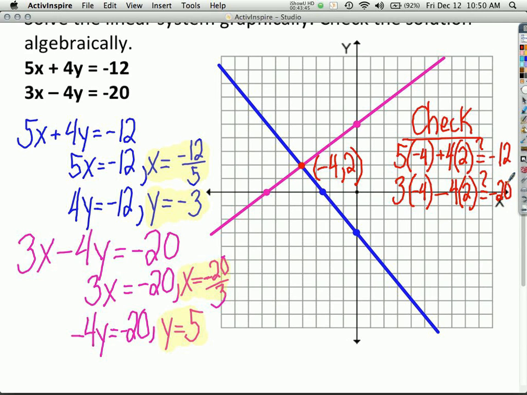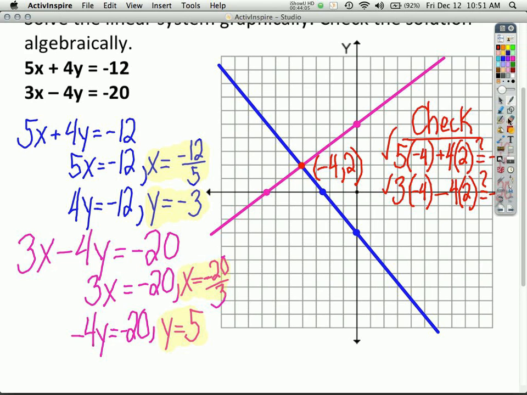So let's do the mental math. 5 times -4 is -20. 4 times 2 is 8, so that one works. That's -12. That's an 8, but I'm subtracting it. -12 minus 8 is -20. That one works. Now we know we got the right answer. And so, this is the solution.